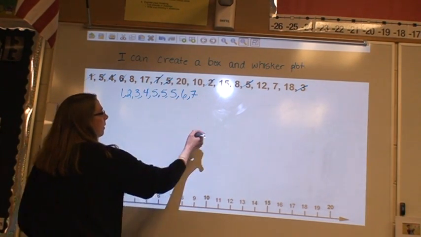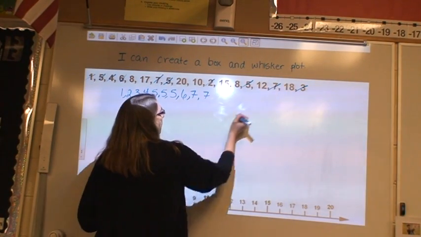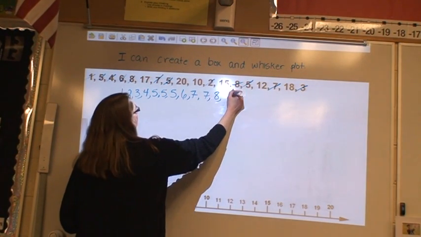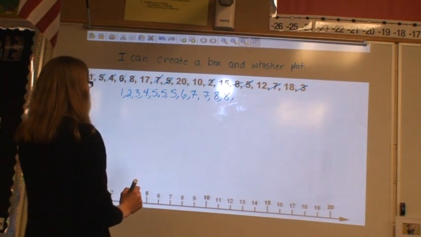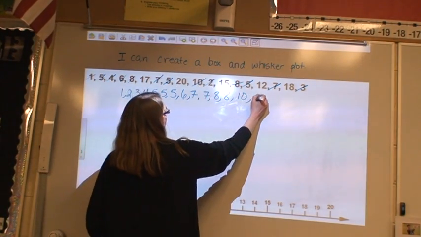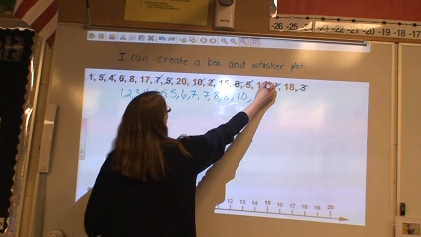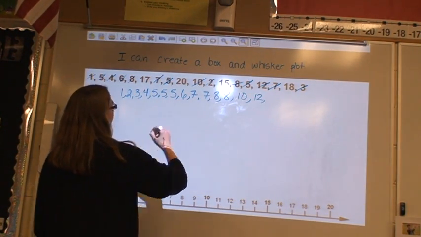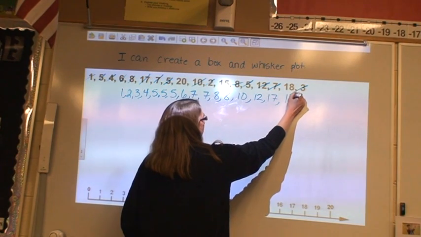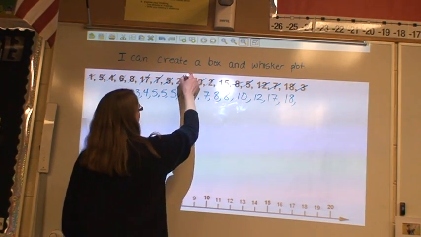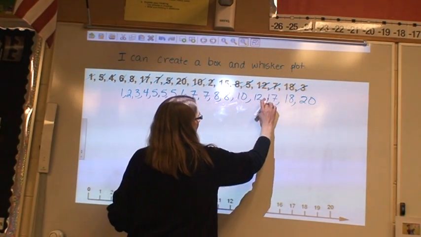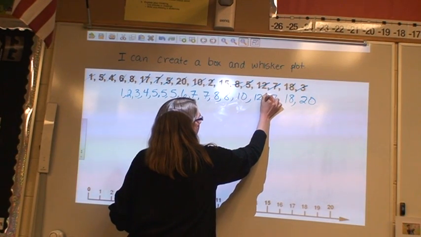I have a 7 and another 7 over here. 8, another 8, 10, 12, 17, 18, and 20, and I noticed that I missed a 15 right here, so I gotta put him in where he belongs. I'm gonna kind of squeeze him in here. There's a 15.